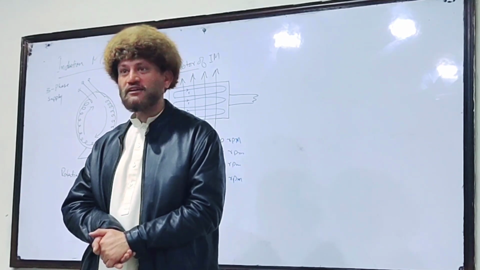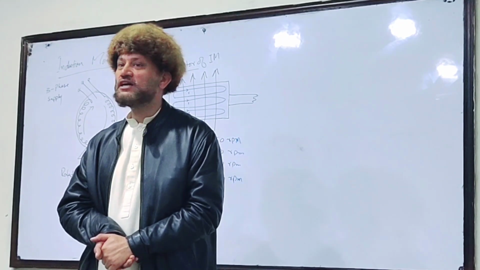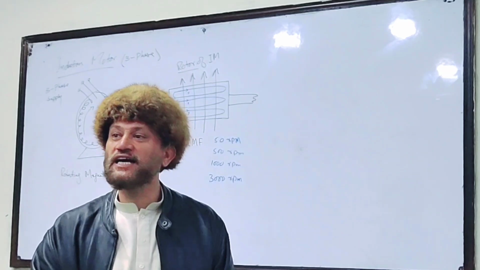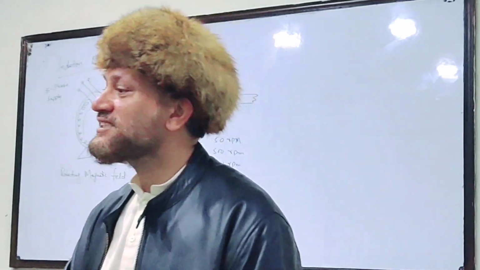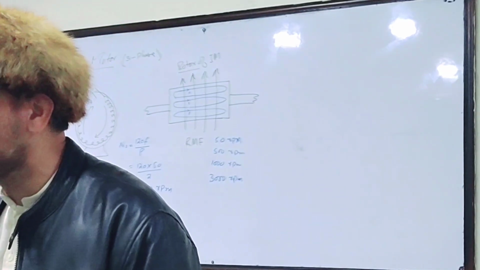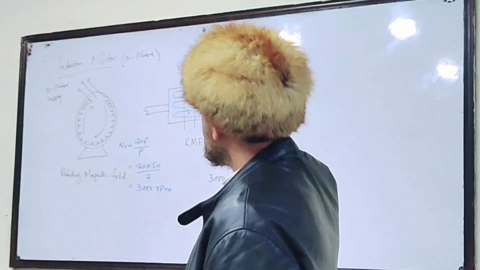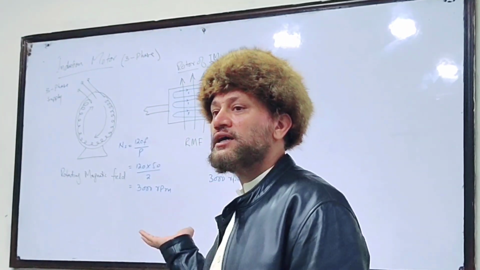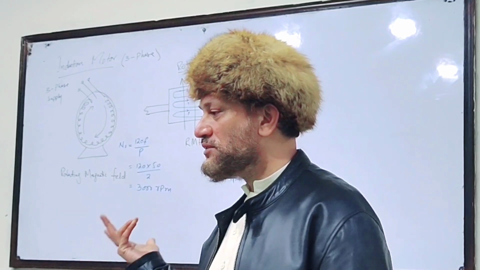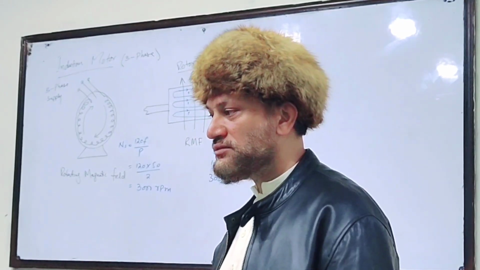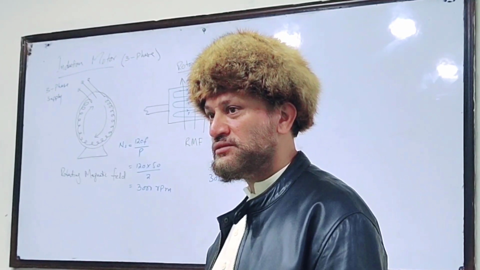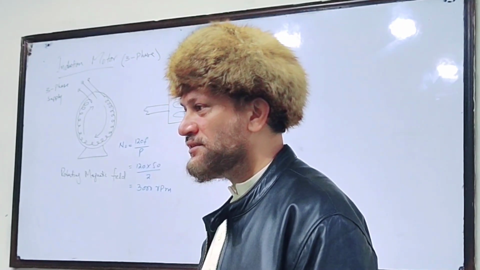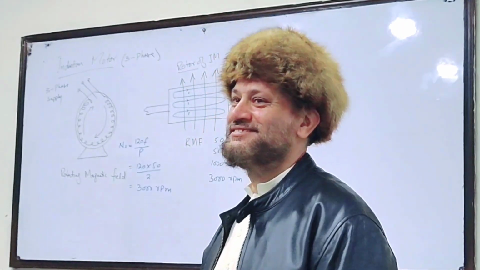Understand my point? There will be no force because force acts on a conductor only when current is flowing through it. But now the current is 0. Why? EMF induced is 0. Current is 0. Force is 0. What will happen? The rotor will be slowed down.